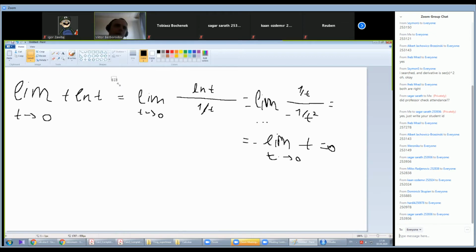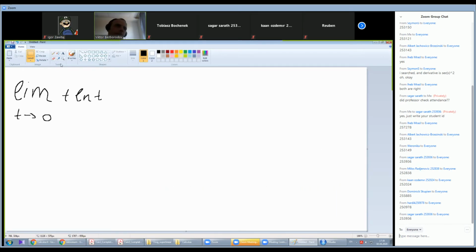Okay, and then another way is to make a change of variables. Let's say x equals the logarithm of t, and then t equals e to the x.